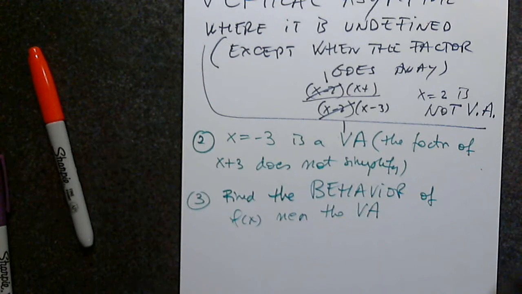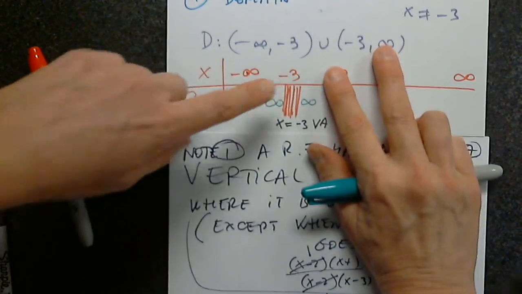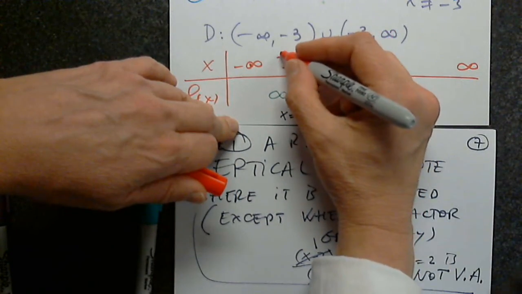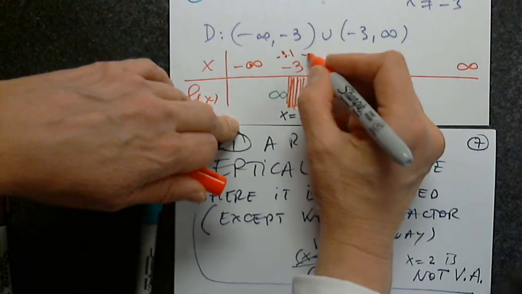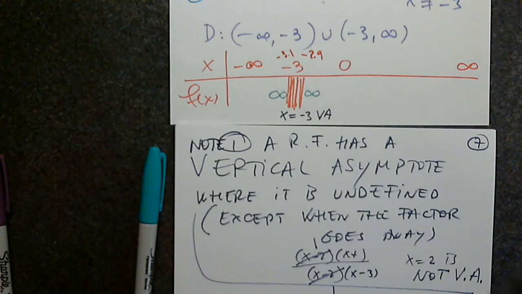What does that mean? One of the four options. Positive infinity to positive infinity, negative infinity to negative infinity, or this. How do I find that? Very easy. I go back to the table and plug in a number from the left and a number from the right. Notice that I don't put those numbers in the table.